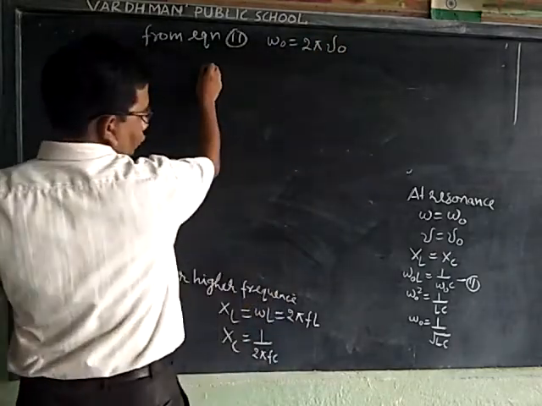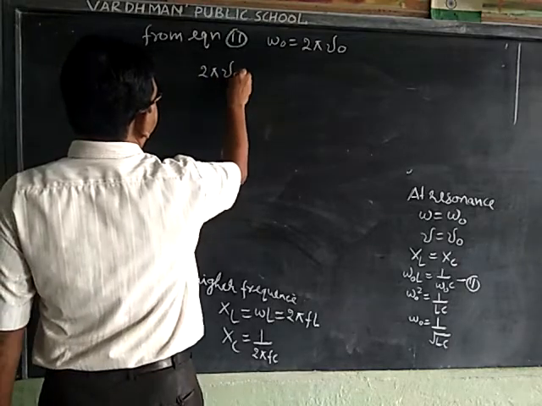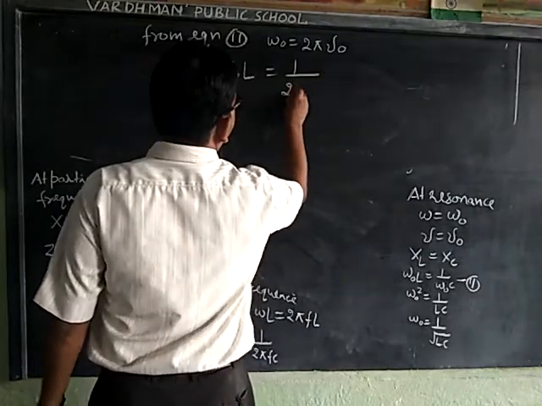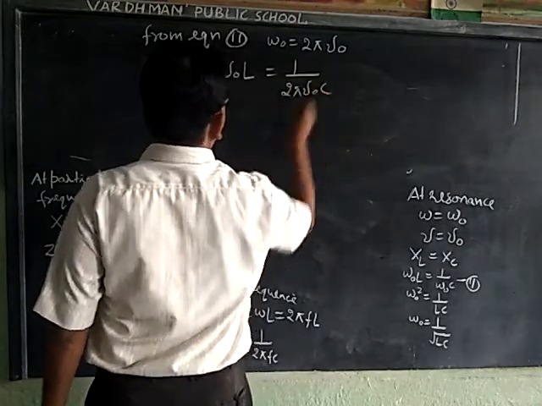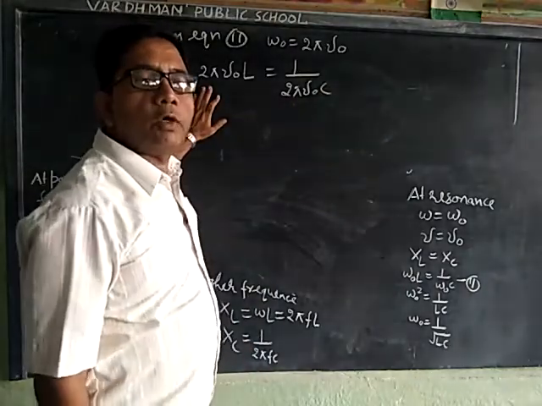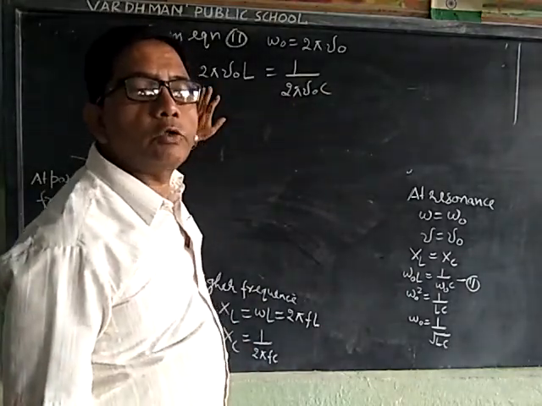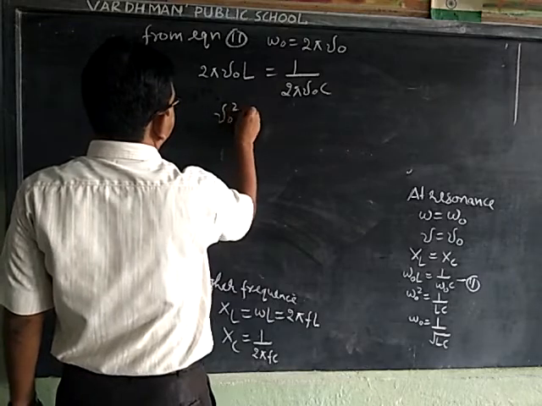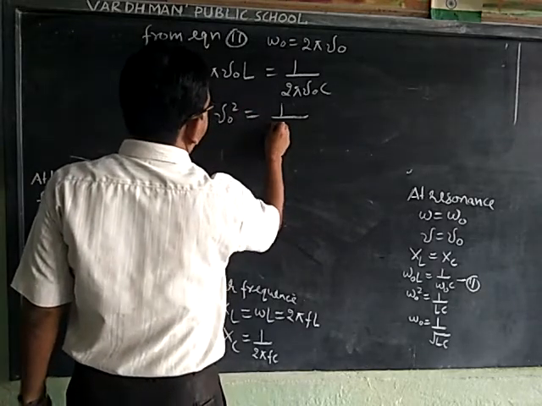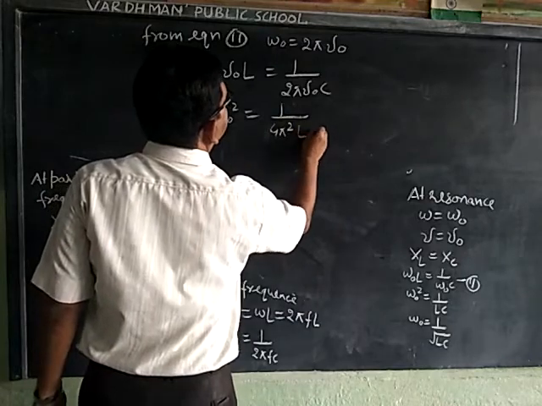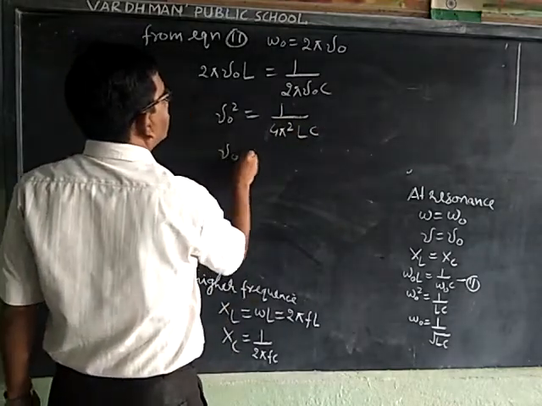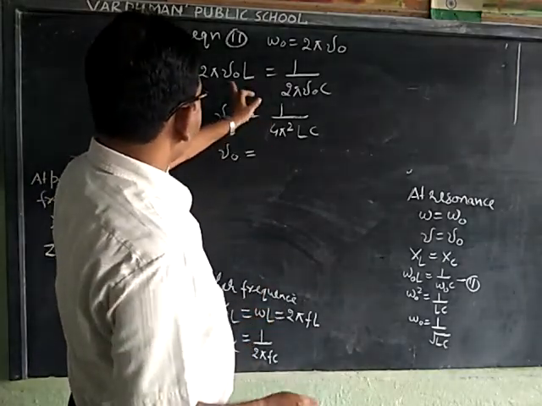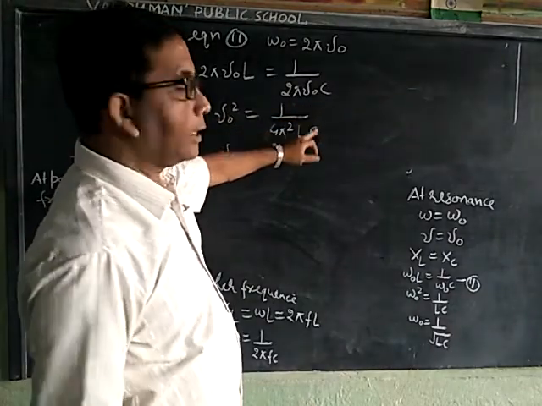Then 2 pi nu 0 L is equal to 1 upon 2 pi nu 0 C. Now nu 0 square is equal to 1 upon 4 pi square LC.